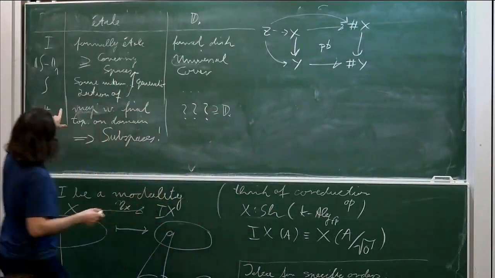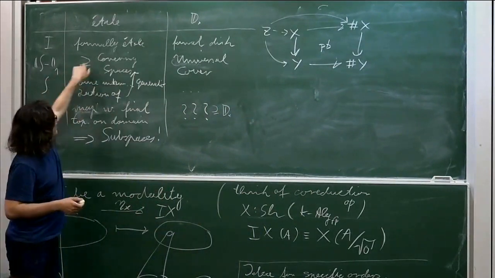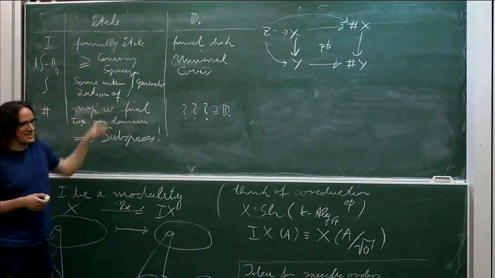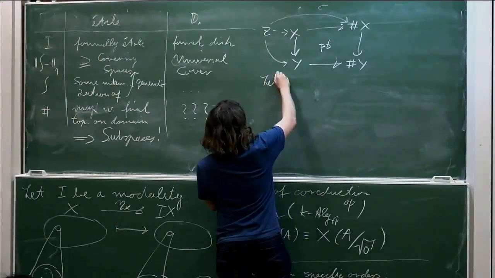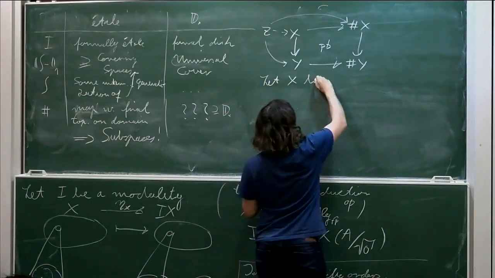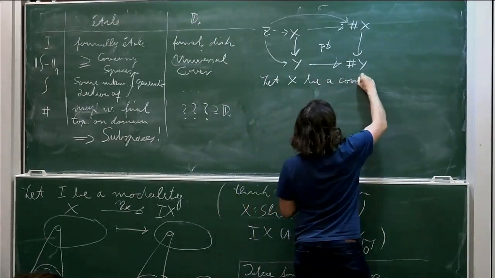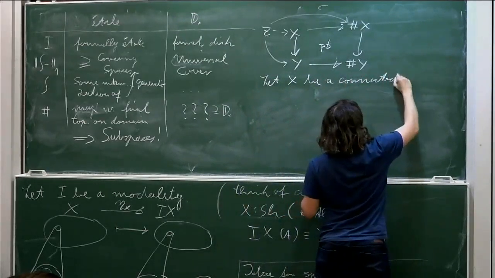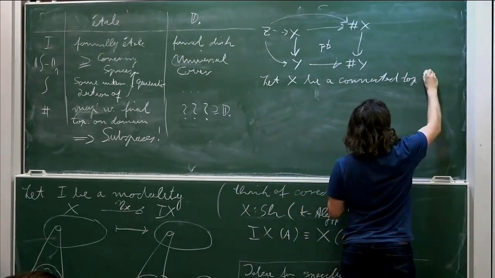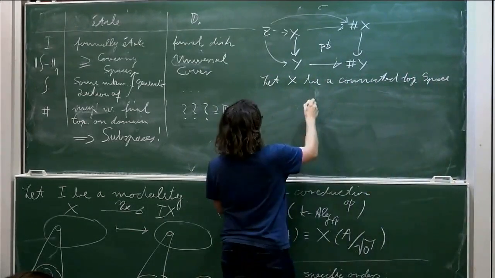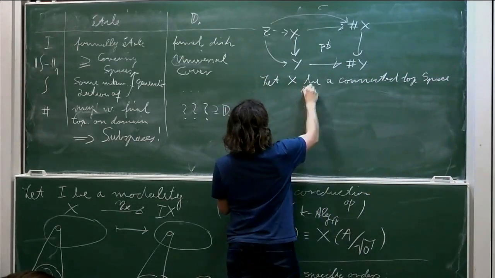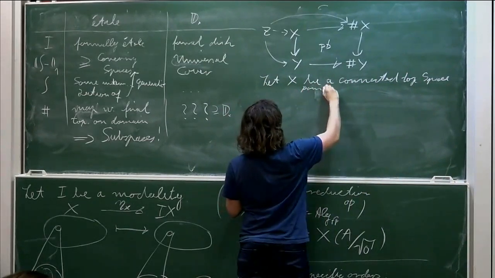So maybe some advance on justifying this one. If you say let X be a connected topological space. So if you're in recohesion, pointed is also something I would like.